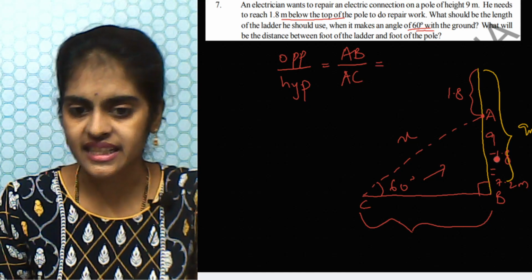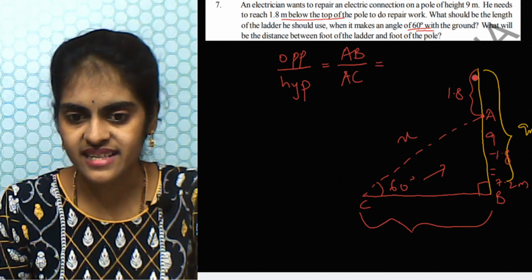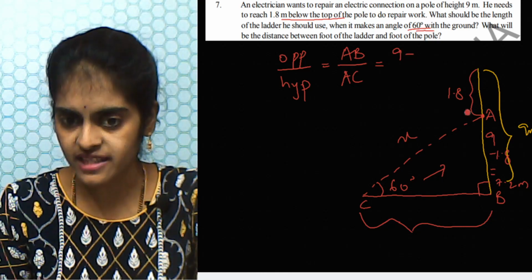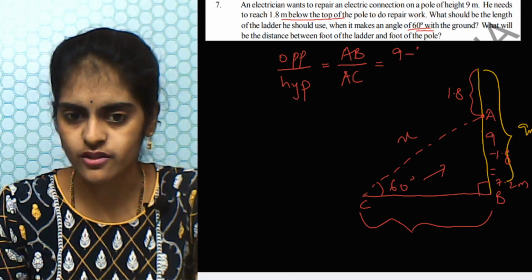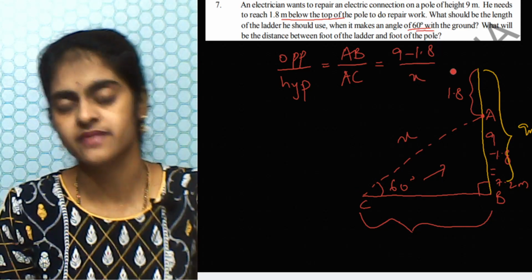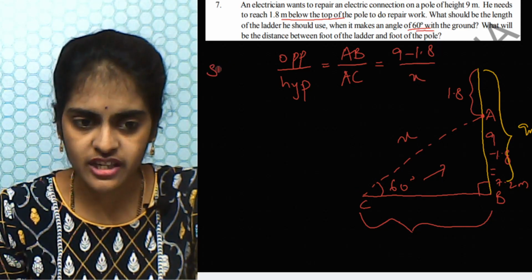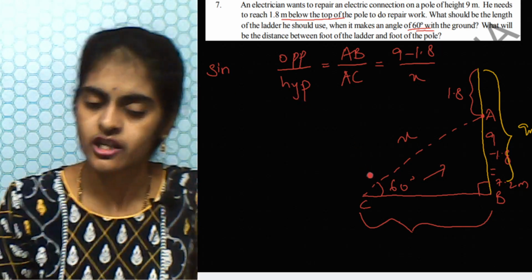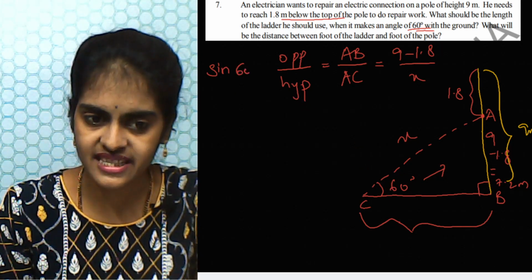How am I getting this AB? This AB is nothing but this complete pole height, which is 9. From that, if you subtract this 1.8, I'll get AB. So 9 minus 1.8 divided by AC, which is X. So which ratio am I taking here? Opposite by hypotenuse is nothing but sine. So sine of which angle? Sine of 60 degrees.